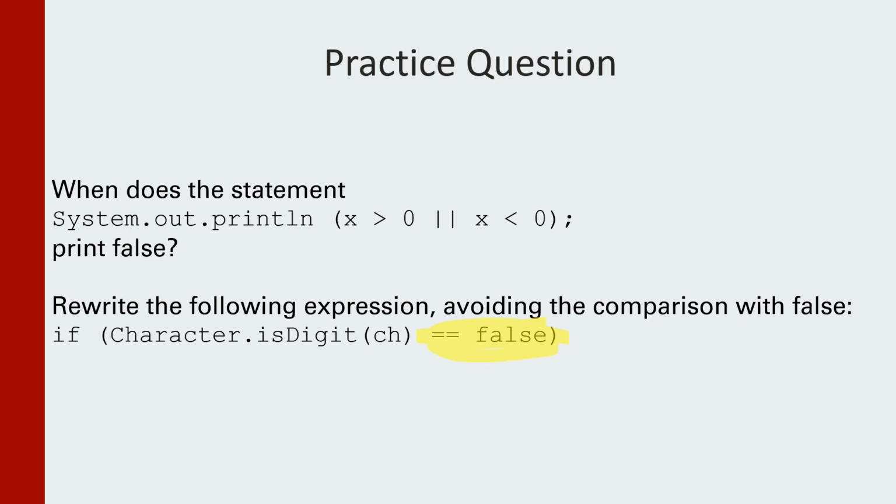If the character that you put in here is any of the numbers 0 through 9, then this whole thing will be true. But any other symbol, like maybe the letter A, or the symbol asterisk, those will be false. So take a moment to think about how you would get rid of that equals false and make this whole thing evaluate to true.